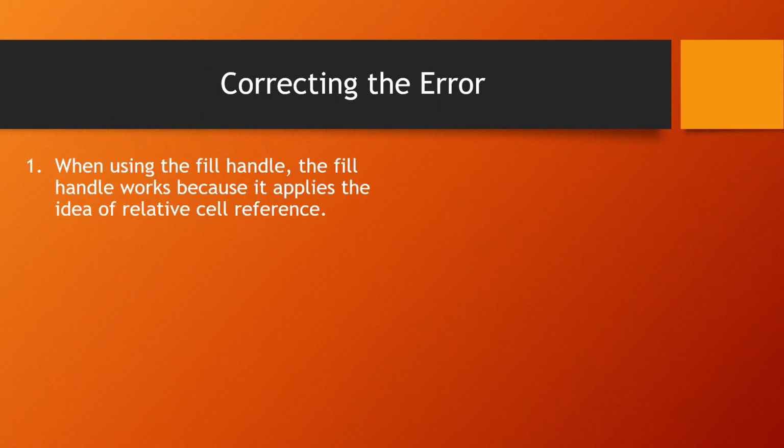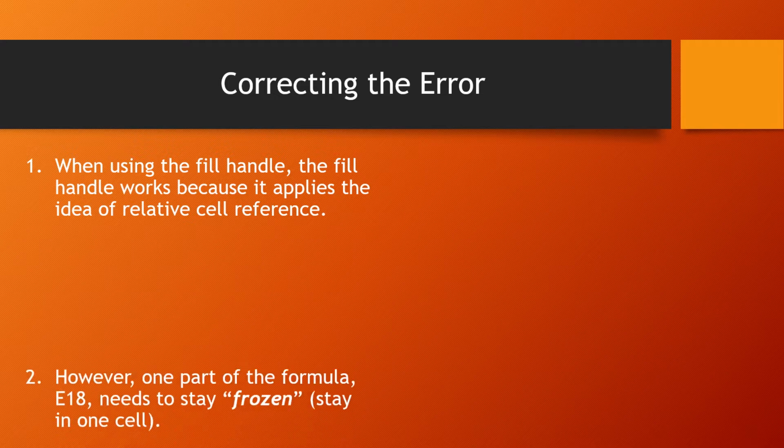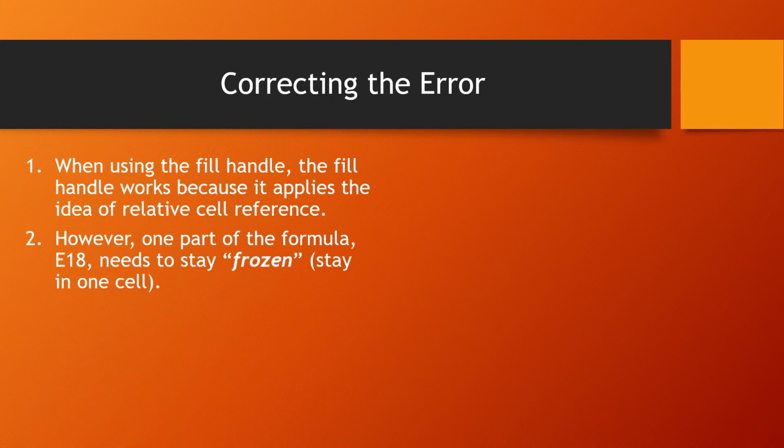To correct the error, we have to understand why the error has occurred. Again, it is because when we use the fill handle, Excel understands to divide each cell by its relative cell reference. However, in this case, we have one part of the formula, E18, which needs to stay frozen.